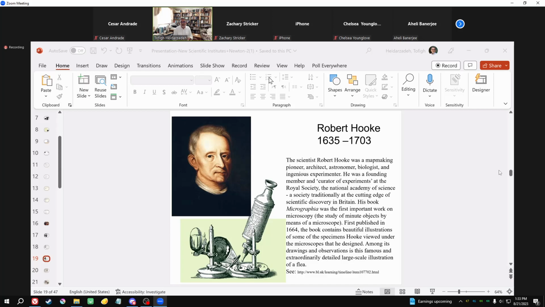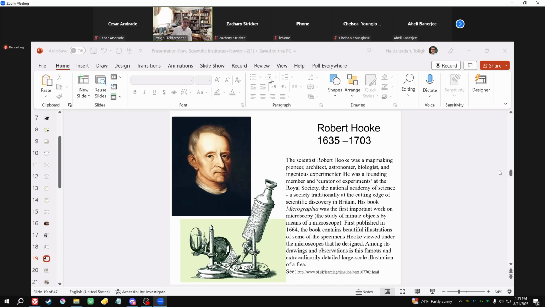Another angle that you can look at this relationship between science and technology in this period came from some simple, accidental inventions. We don't know what was in the mind of the inventor of the telescope, but all stories say that it was invented by accident.